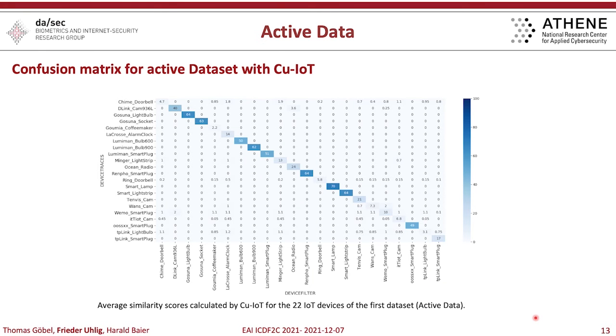As we can see here in this confusion matrix, which shows on the left side the device traces and on the bottom the device filter. So it shows you, for example, here on the left, how good the chime doorbell filter was able to detect chime doorbell traces.